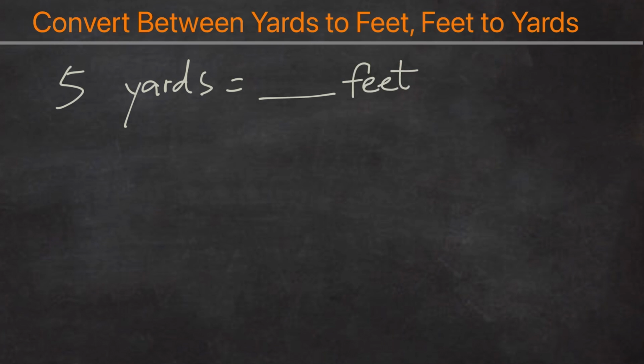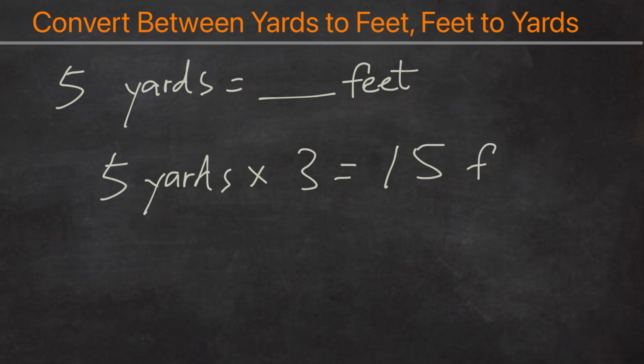Okay, so hopefully you have selected the multiply by 3. You should have 5 yards times by 3, and that should give you 15 feet.